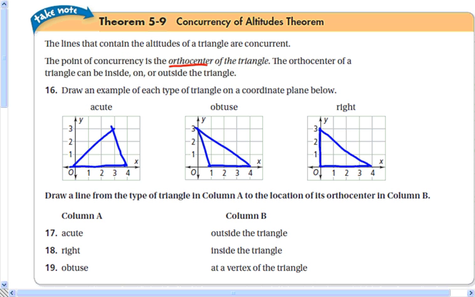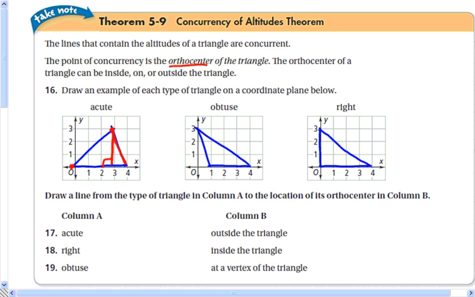So for this first one, we can see the altitudes in red. Right here is an altitude because that's a line that's perpendicular to the base and touches the vertex there. And then to find another altitude, I'll do an altitude from this point. Now it has to be perpendicular to the base, and the slope of the base here is -3.